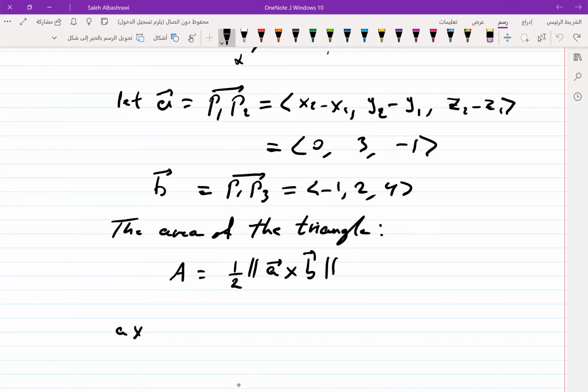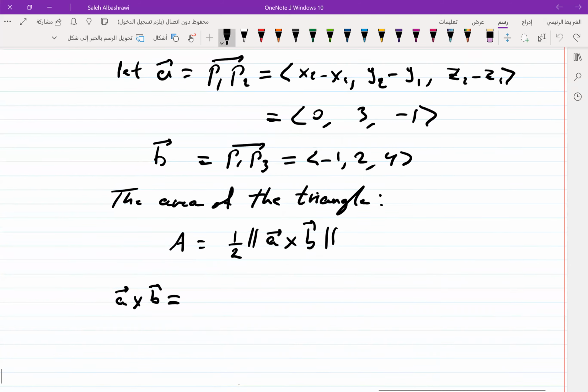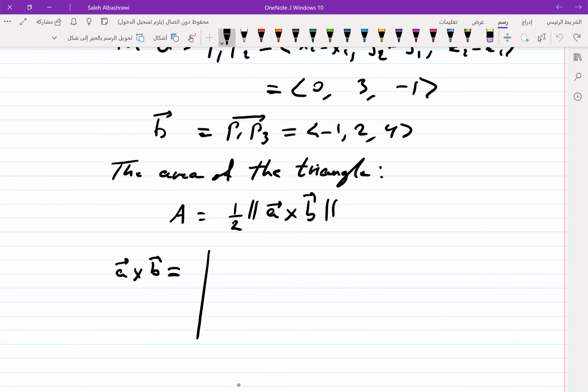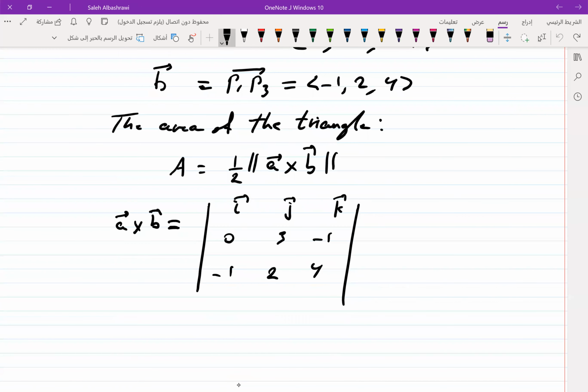A cross B is equal to the determinant with rows 0, 3, minus 1 and minus 1, 2, and 4. For i, using the first row, first column: 3 times 4 is 12, plus 2 equals 14i.